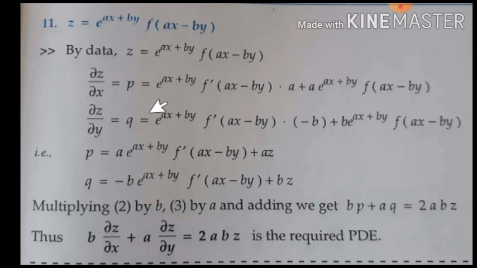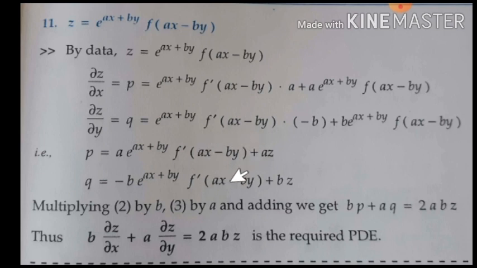So it is written a into e to the power of ax f dash of ax minus by plus a into this whole term taken as z. In the same way for q also, this term is written as it is and b into this term is written as z. Now apply some arithmetic operation by which I can eliminate this f dash term from these two equations.